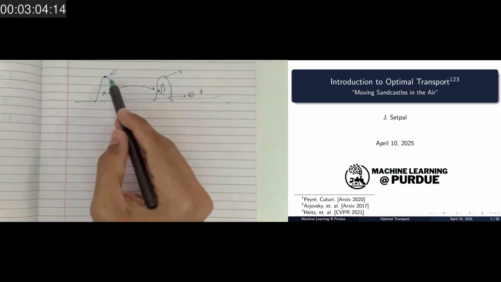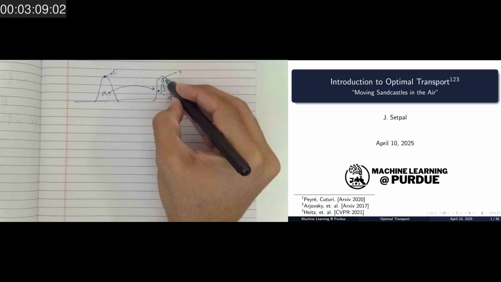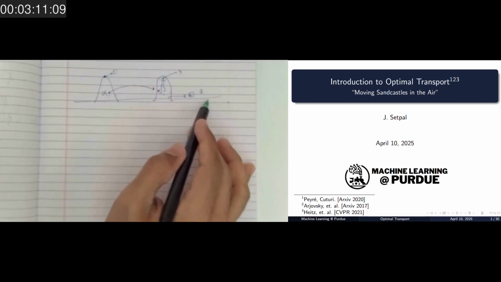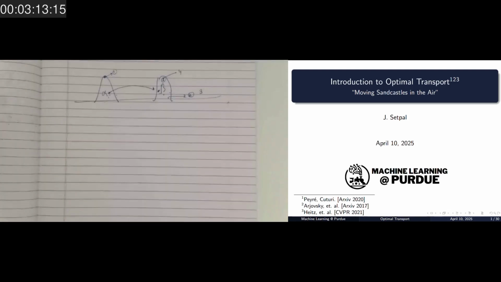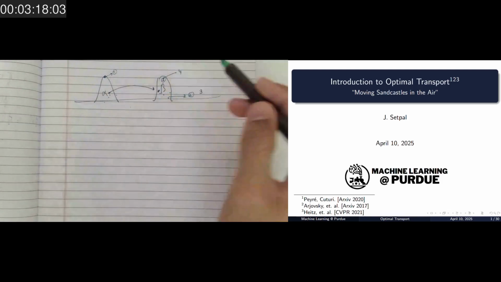The cost of moving point 1 to position 2 versus position 3 over here is different. You basically want to figure out the optimal combination of transportation to get the pile of sand from alpha to beta while using the minimum cost. The cost of moving each particle adds up until you get the resultant target beta, and we want to figure out which combination of movements is the most optimal.